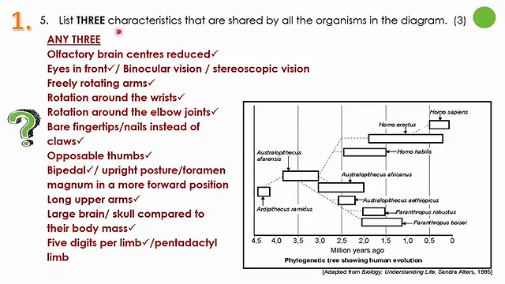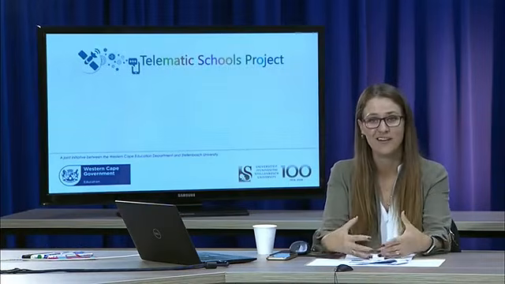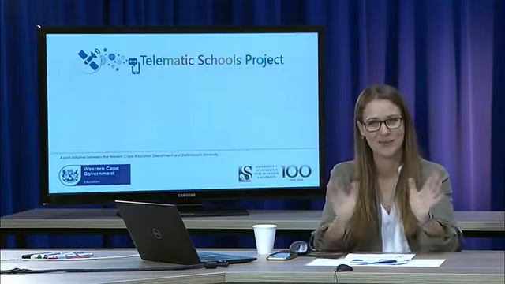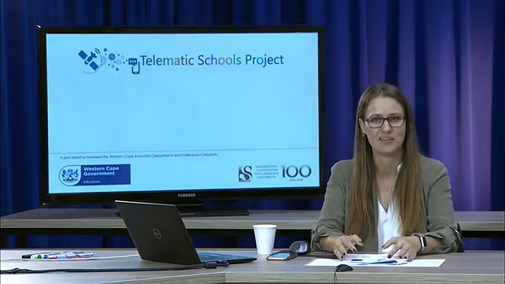But they're asking for 3 characteristics, which means that in the test the marker would only mark your very first 3 examples that you have listed. So make sure that when you provide answers in a test situation, you choose the 3 that you feel are the most correct from all the lists that you recalled in your mind, and then write them down. Writing 4 examples, we're not going to look for the 4 most correct. We're going to look at what you have listed one beneath the other as your first 3 examples.